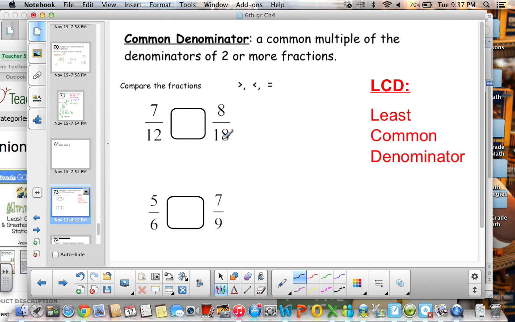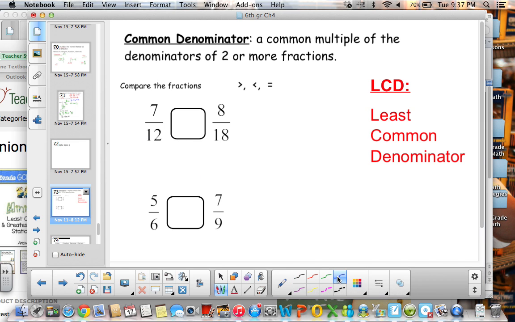So we want to find a number or multiple that both of these denominators can go into. We can always multiply our two denominators together, because whatever 12 times 18 is, 18 will go into it and 12 will go into it.